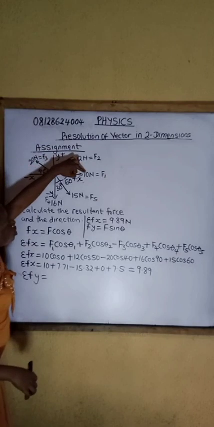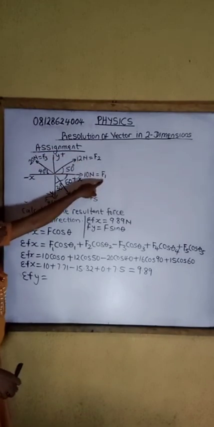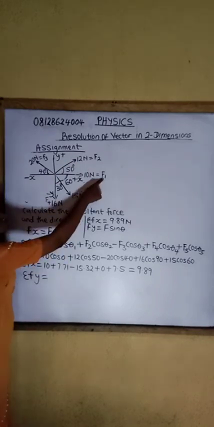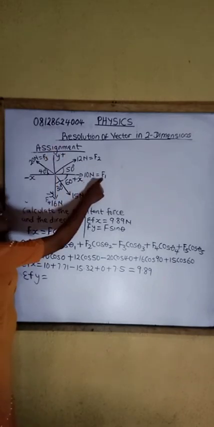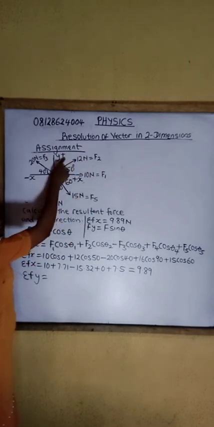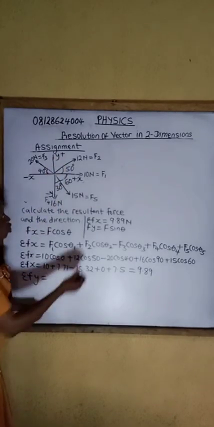Then the first one is this F. This is the first force. So you are going to trace this F1 towards the Y direction. So our Y direction is positive.